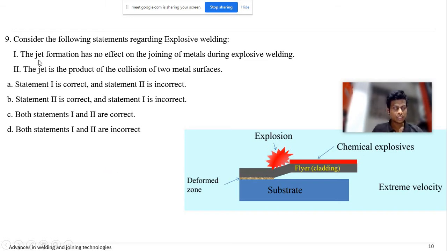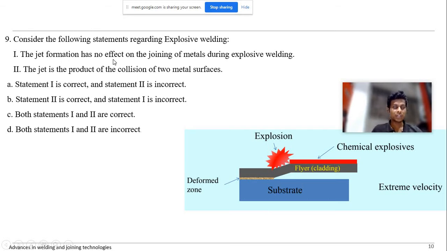So we'll see whether the first sentence is true or not. The jet formation has no effect on joining of metals during explosive welding. No, actually this is false. If the jetting is not proper, then the oxide layer will remain between the flyer and the substrate, so you may end up with a welding defect.